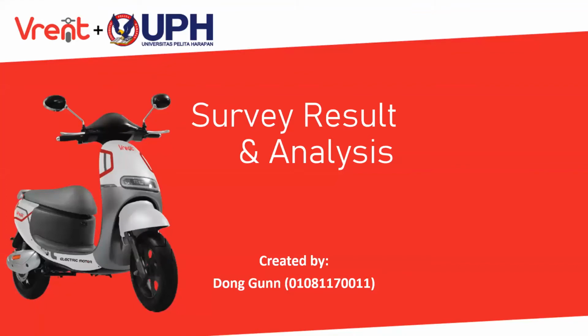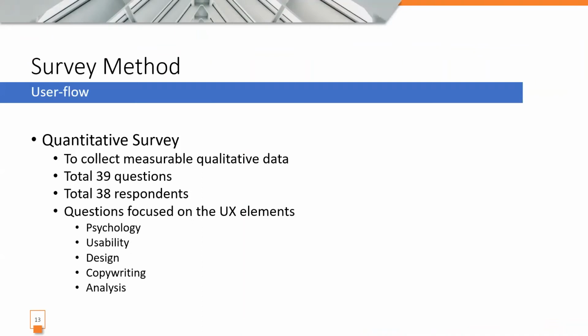I have created a survey, and here are the survey results and analysis. The survey method I've used was a quantitative survey. It was to collect measurable data, whether the respondents agree or disagree with the statements or questions that I have given.